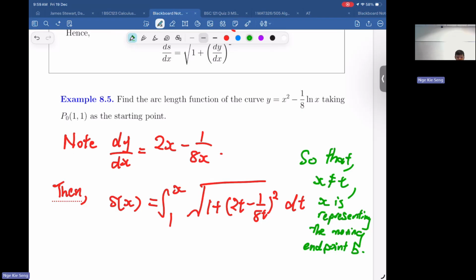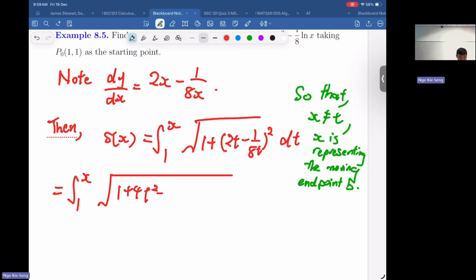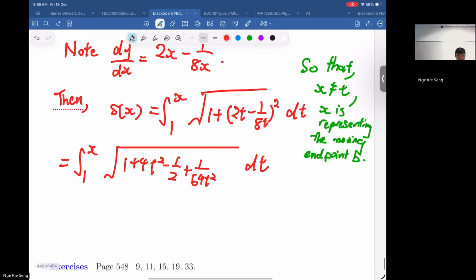We don't know what b we want to stop at, so we make it a variable. So t is another variable for your curve. Then you just do this integration, dt.